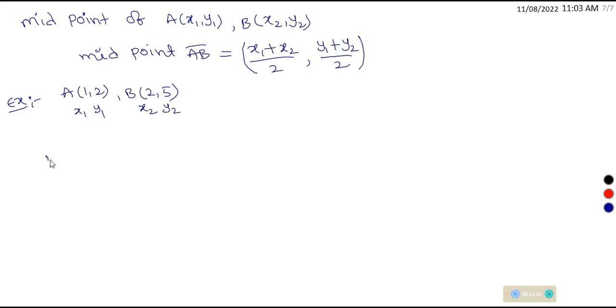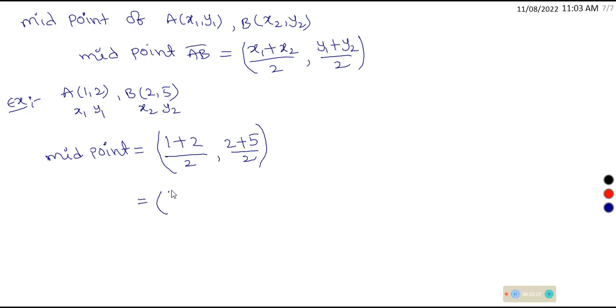The midpoint formula is x1 plus x2 by 2, y1 plus y2 by 2. x1 means 1, x2 means 2, by 2; y1 means 2 and y2 means 5, by 2. So x1 plus x2 by 2 is 3 by 2, and y1 plus y2 by 2 is 7 by 2. This will be the midpoint of the given two points.